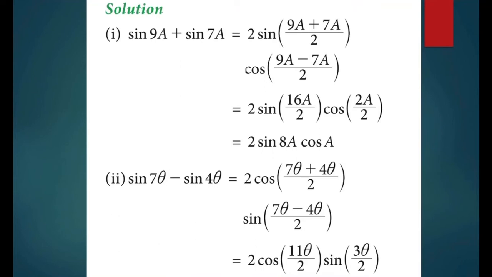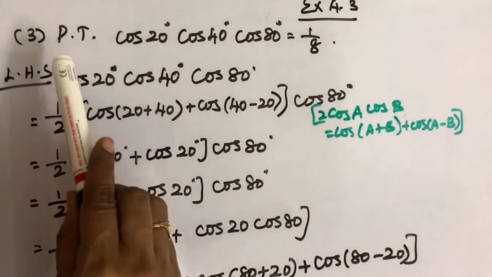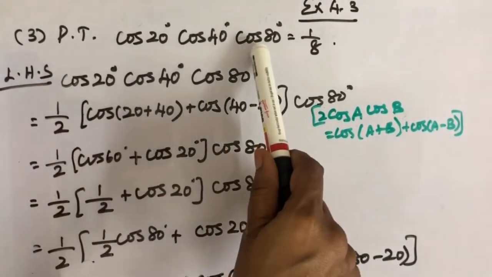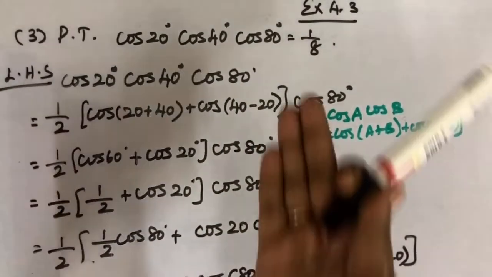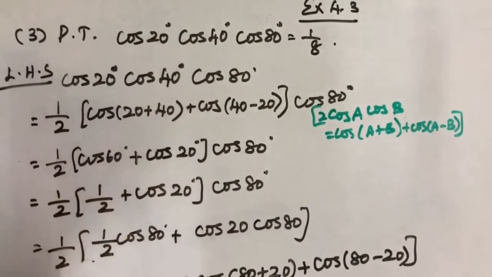Third problem in exercise 4.3: prove that cos 20 cos 40 cos 80 is equal to 1 by 8. First we take the left hand side, that is cos 20 cos 40 cos 80.